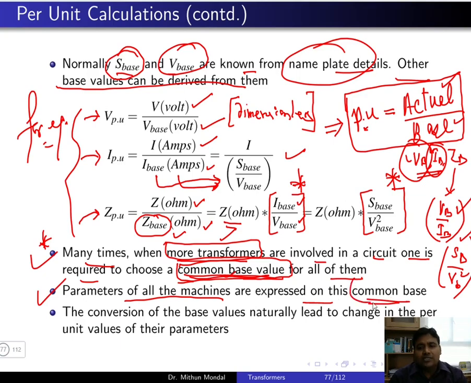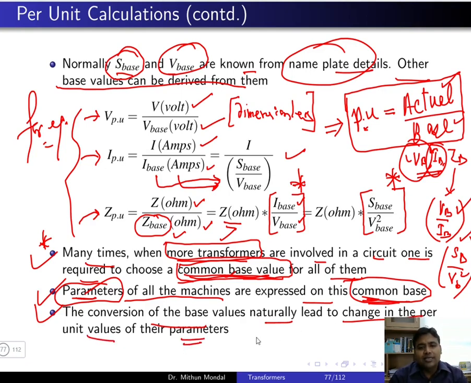So once you have set the common base, all the parameters, whether it is a resistance, inductance, capacitance or any electrical parameters, will be converted on that particular common base. The conversion of the base values naturally leads to a change in the per unit value of their parameters.